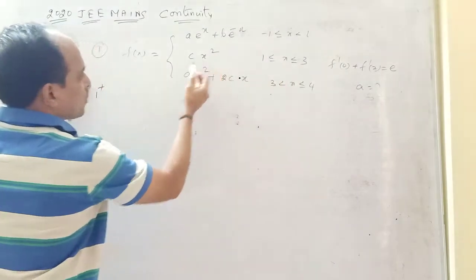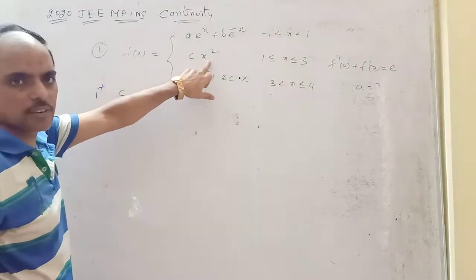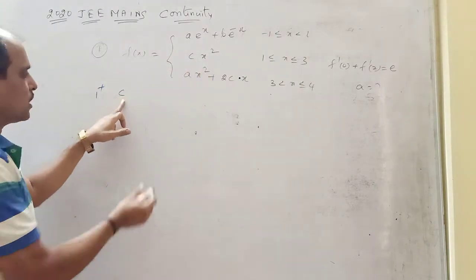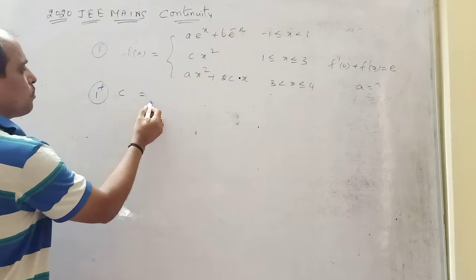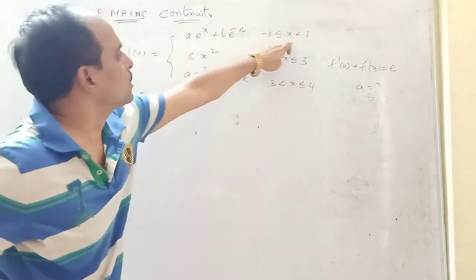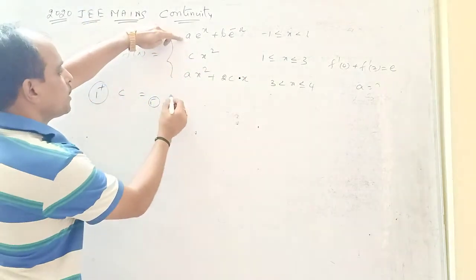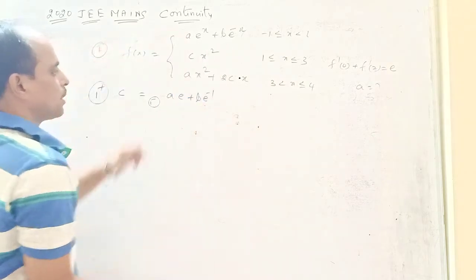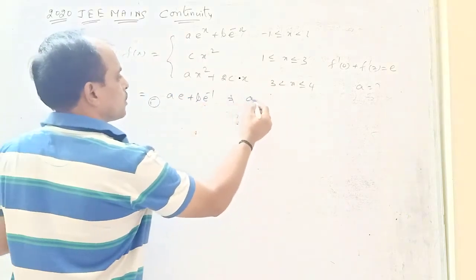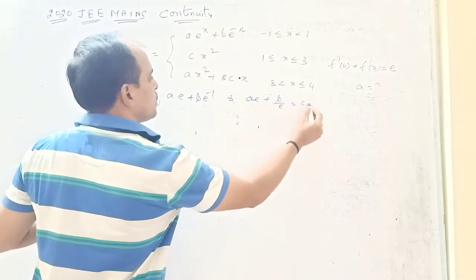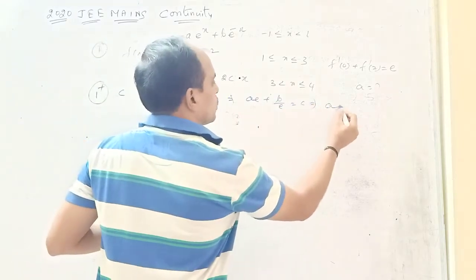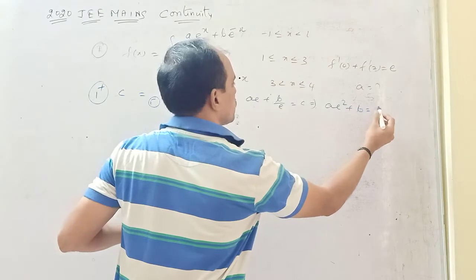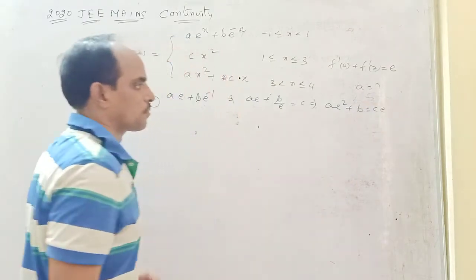This function, that is c x square. Substituting 1, we will get c. What about 1 minus? This is the function. You substitute 1 here, a into e power 1 plus b into e power minus 1. So that is nothing but ae plus b by e is equal to c.